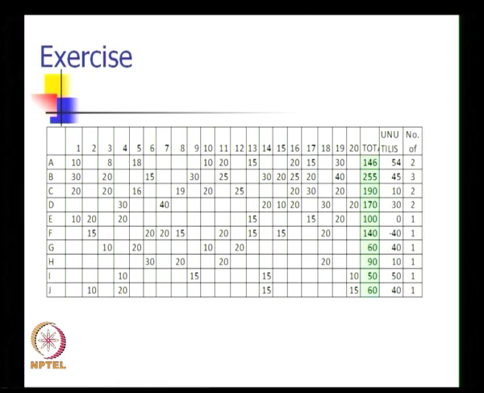This example is one which has 20 parts or components that are being made, which are shown as columns 1 to 20.